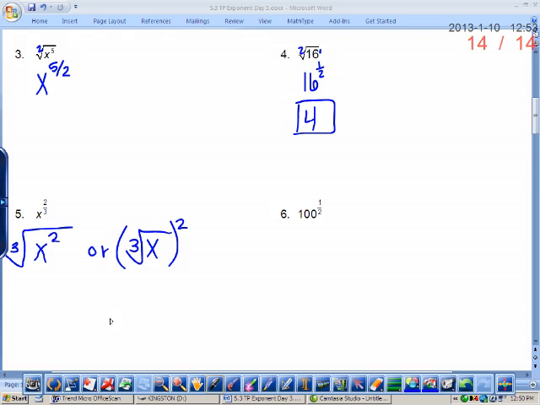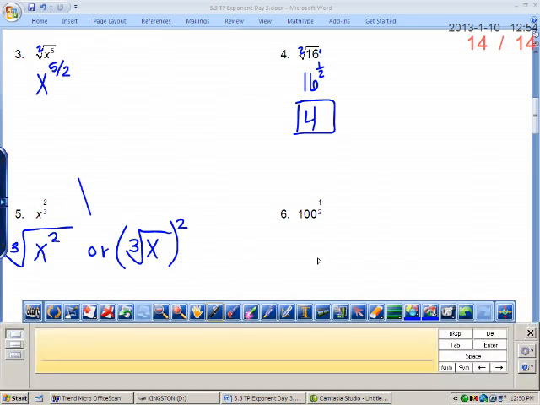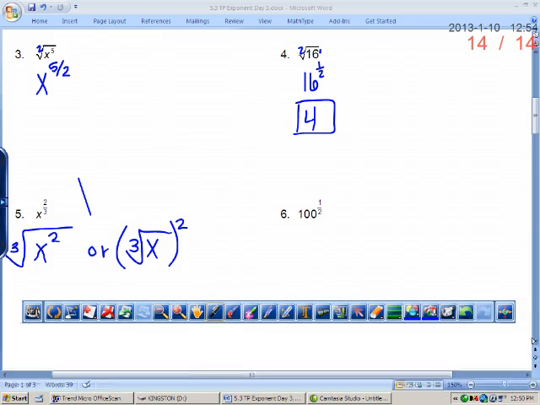Or do you know what the cube root of 100 is? There's no simplified answer for that. 10 to the 2/3 would be the most simplified answer. Are you asking if this is more simplified than this? No, those are equally simplified. It just depends on what the problem is asking you for.